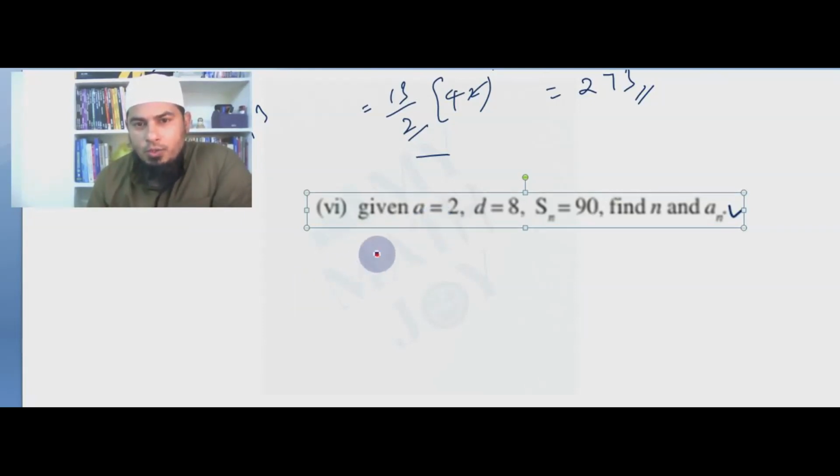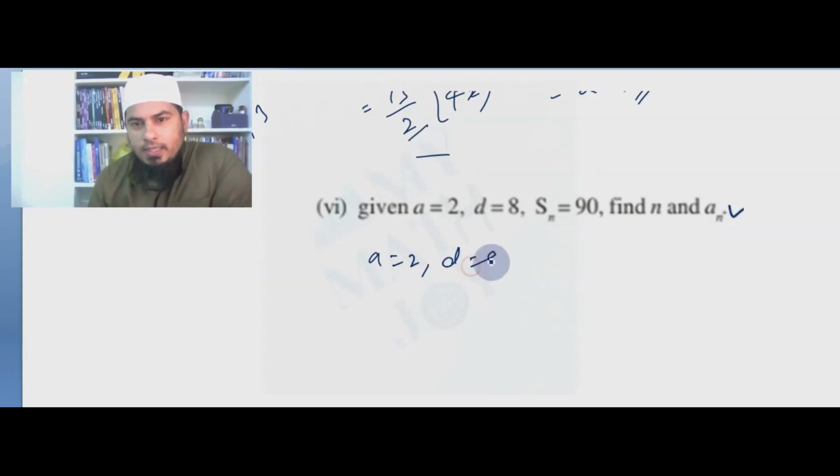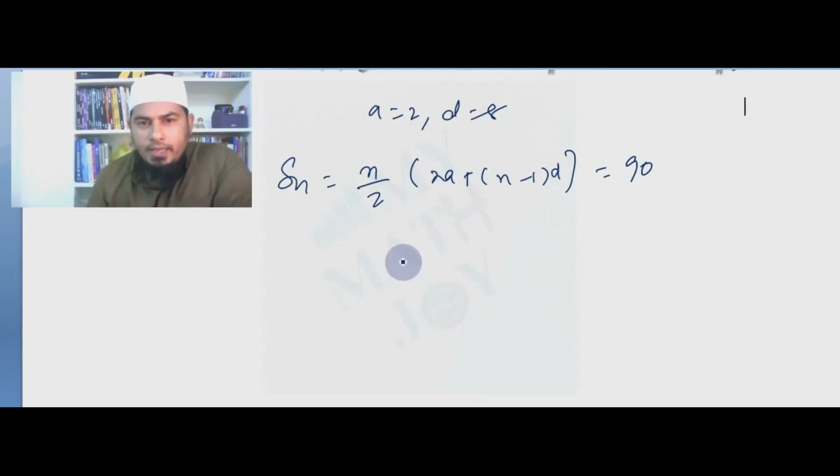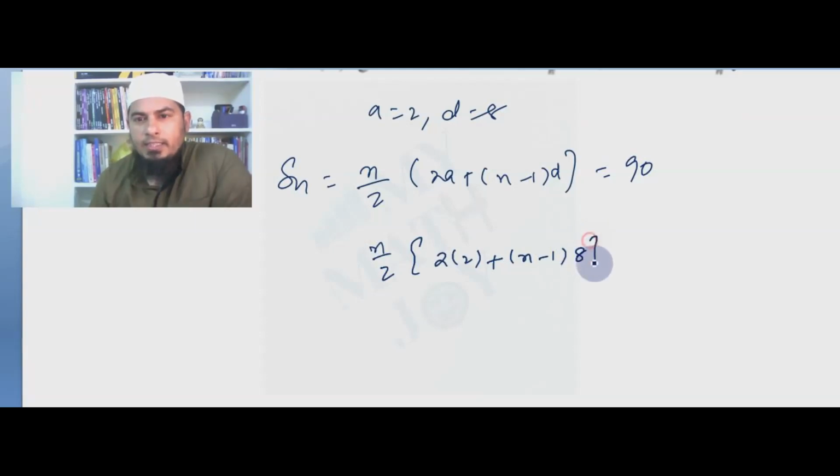Given a is 2, we write a is 2, d is 8, and the Sn formula is n over 2 into 2a plus n minus 1 into d, which equals 90. What are a and d? When I substitute, 2 times 2 plus n minus 1 times 8 is equal to 90.